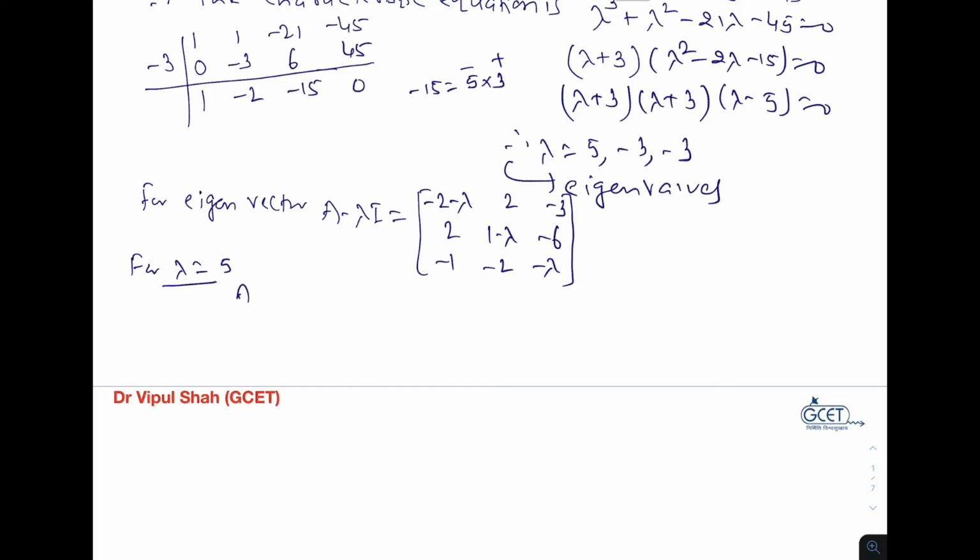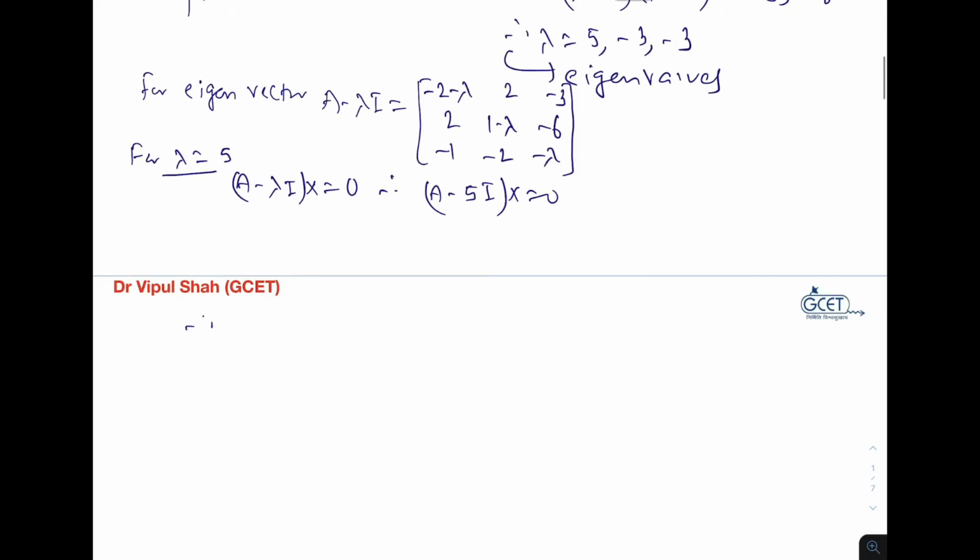so A minus lambda I x is 0. So A minus 5I x equal to 0, and therefore minus 2, now lambda is 5, so here we need to put 5.